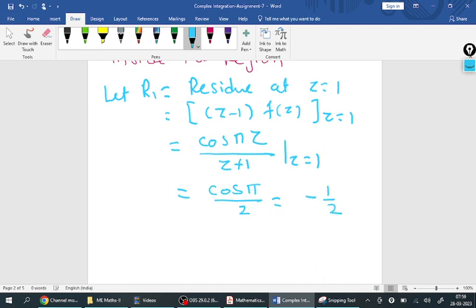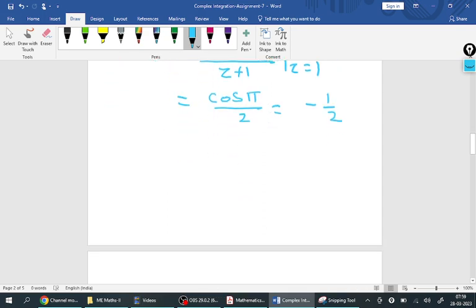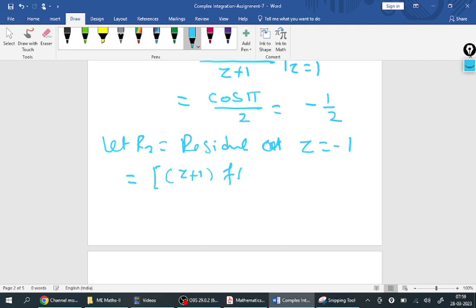Now let me calculate exactly similarly for R2. Let R2 be the residue at z equal to minus 1. So we get z plus 1 as a factor now into f(z) at z equal to minus 1.